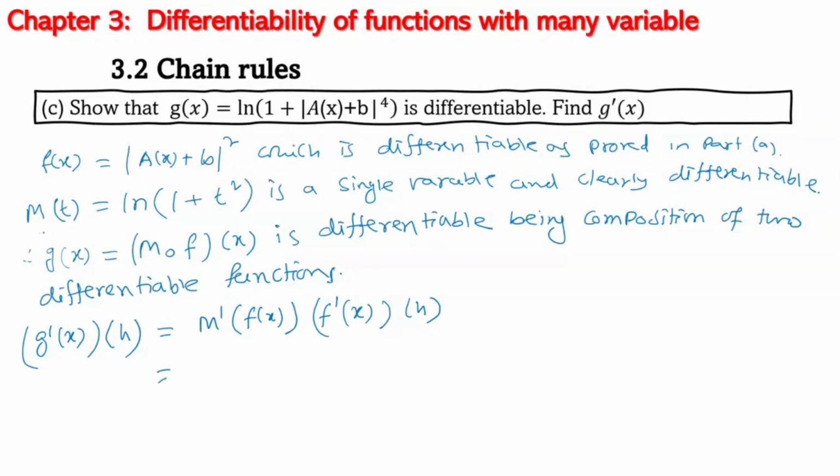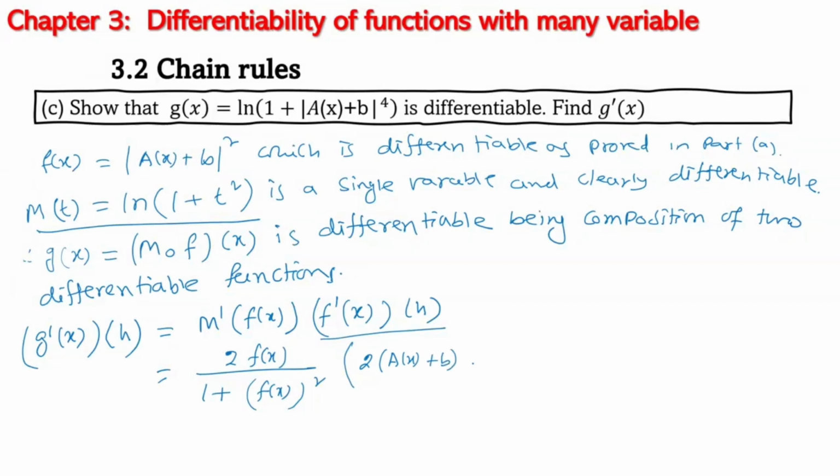So m dash is 2 f of x over 1 plus f of x whole squared, and f dash x we already calculated, which is multiplied by 2 (ax plus b) dot ah.